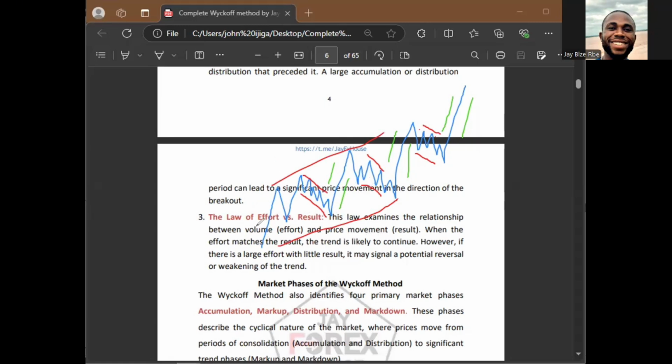But when it's time to reverse and head in a new direction, then within this area is where we find accumulation and distribution. Okay, distribution is the opposite of accumulation. Accumulation is when price is turning from bearish to bullish. So accumulation is down, distribution is up. But reaccumulation is sideways when we are going up. Redistribution is sideways when we are coming down, just like we said in the previous episode.